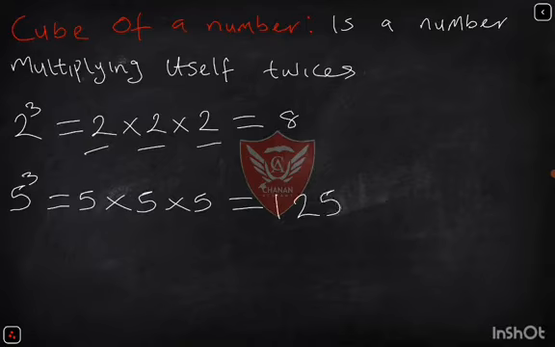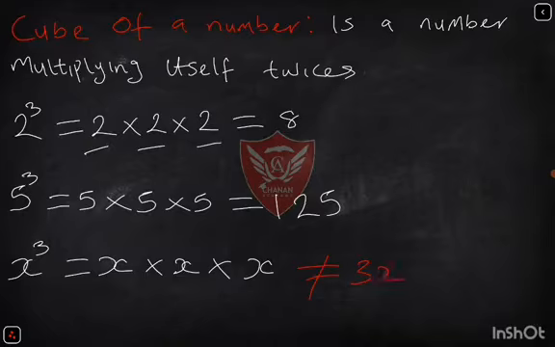And then if we take another example, x cube, it is the same thing as x multiplied by x multiplied by x. Remember, x cube is not equal to 3x. It's not equal to that, so x cube is the same thing as x multiplied by x multiplied by x.